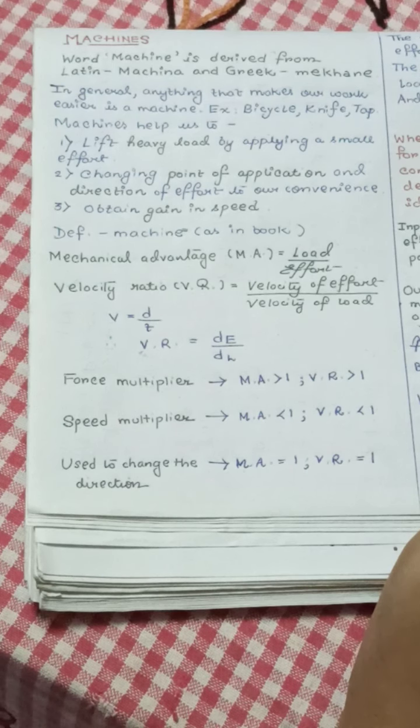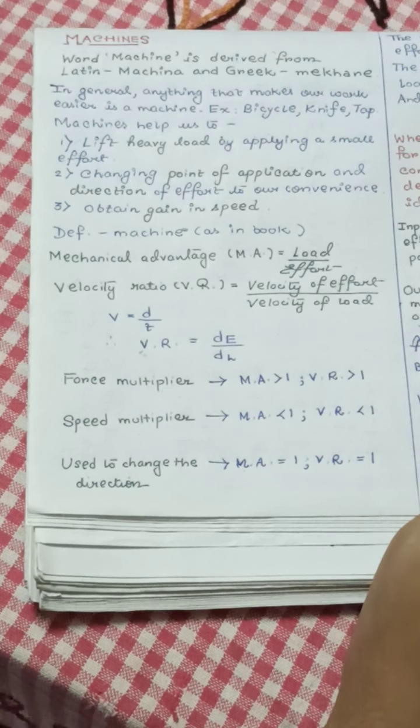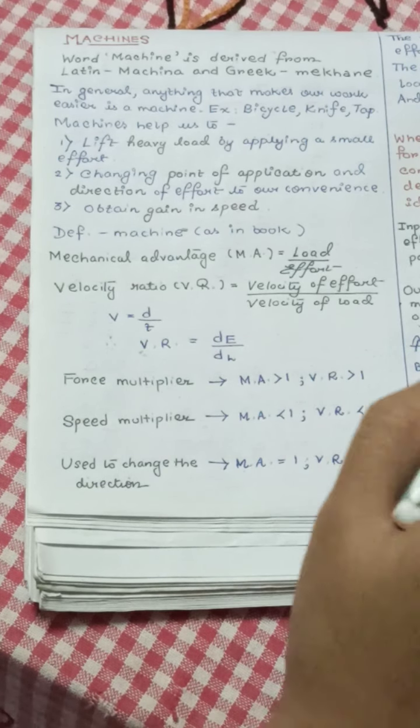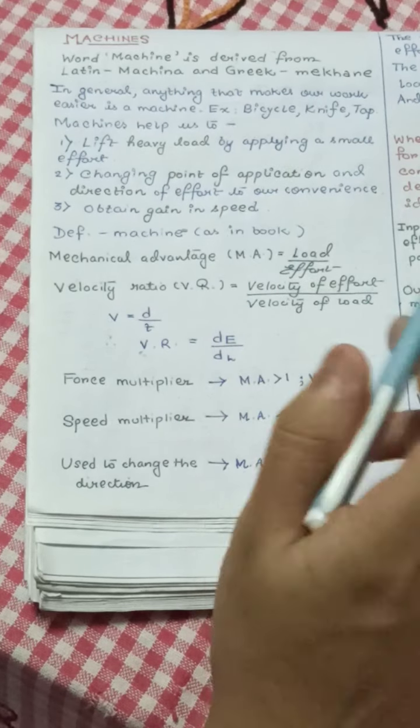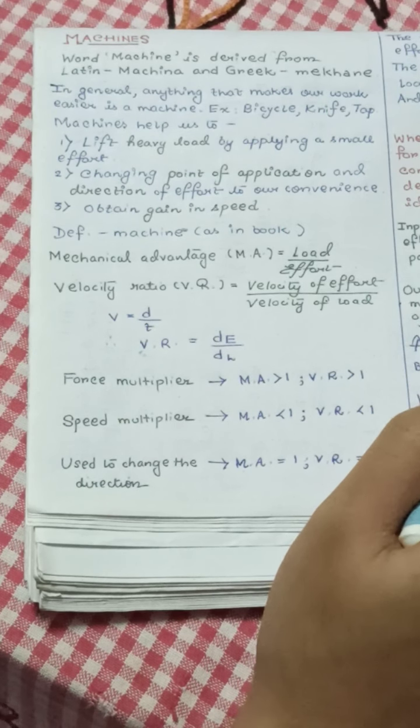It is used in the simple pulley, which you will be doing later on. In a simple pulley, we want to change the direction in which we pull the rope to one which is convenient for us, and the pulley, again a simple machine, helps us change this direction and point of application of effort as we want.